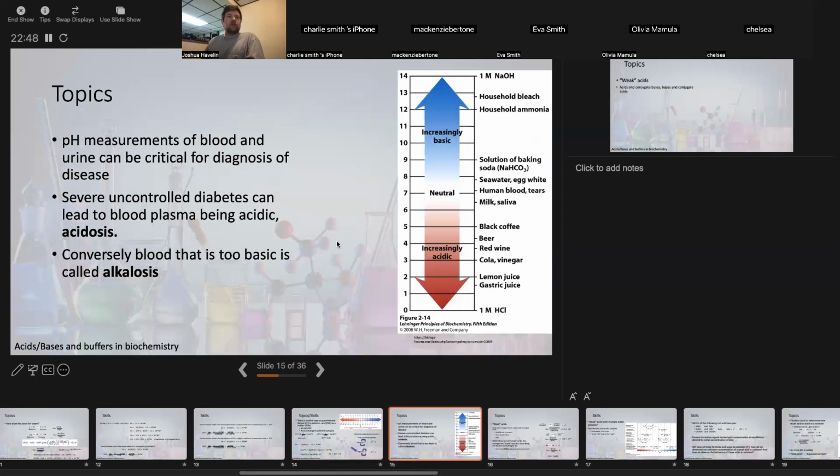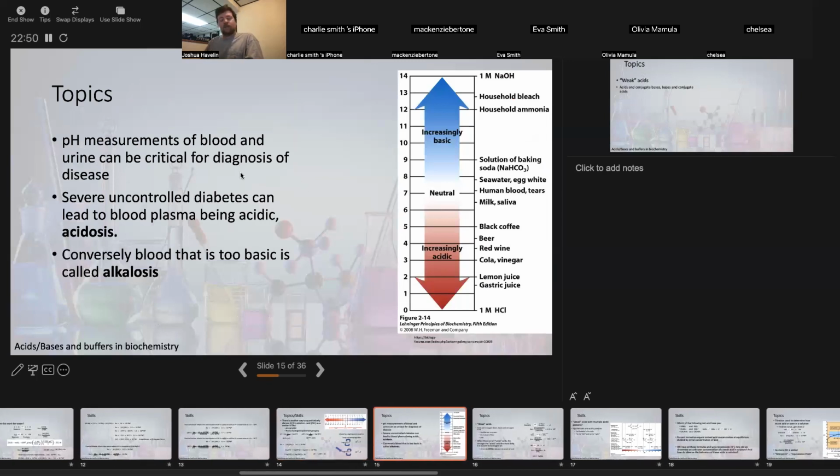Okay, we'll keep moving along, right? So maybe you guys have seen this or been taught it and talked about it before, maybe in anatomy and physiology, right? We care about pH because ultimately the pH measurements of blood, urine, and other things can be useful for diagnosis, right?